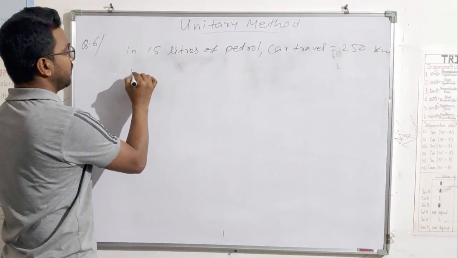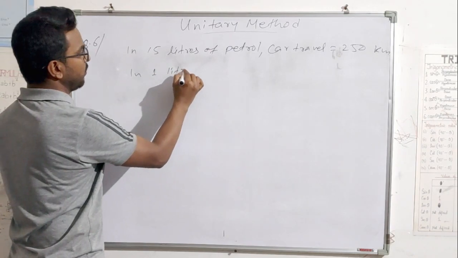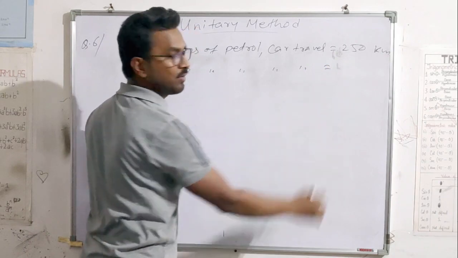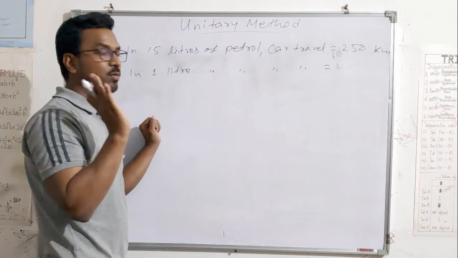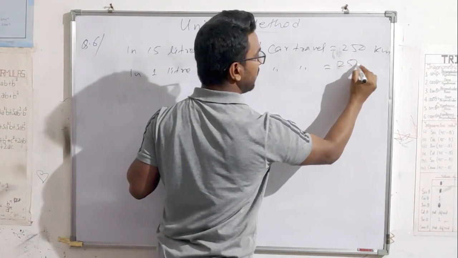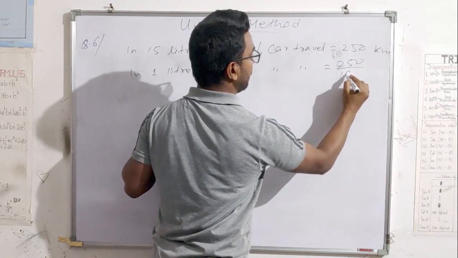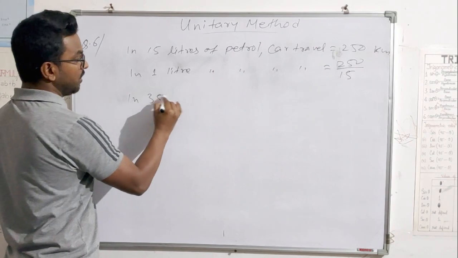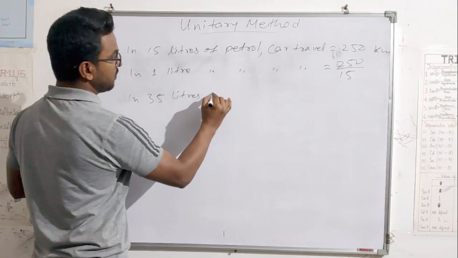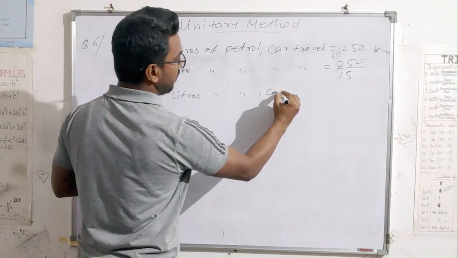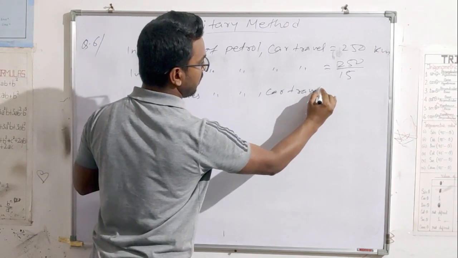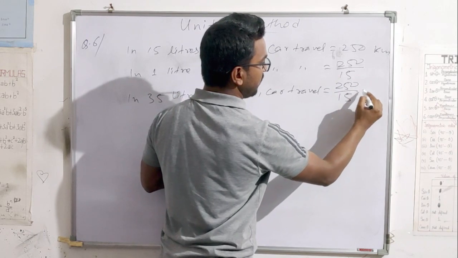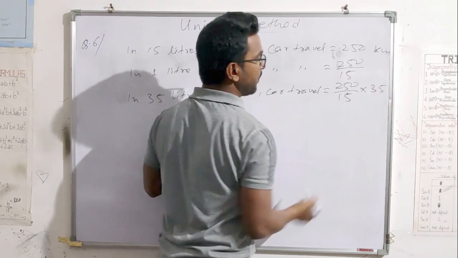So in 1 liter we have to find, in 1 liter of petrol car travels equals to 250. Here you have to divide, 250 divided by 15. You keep as it is. Next you have to find in 35 liters of petrol car travels equals to 250 divided by 15 into 35.